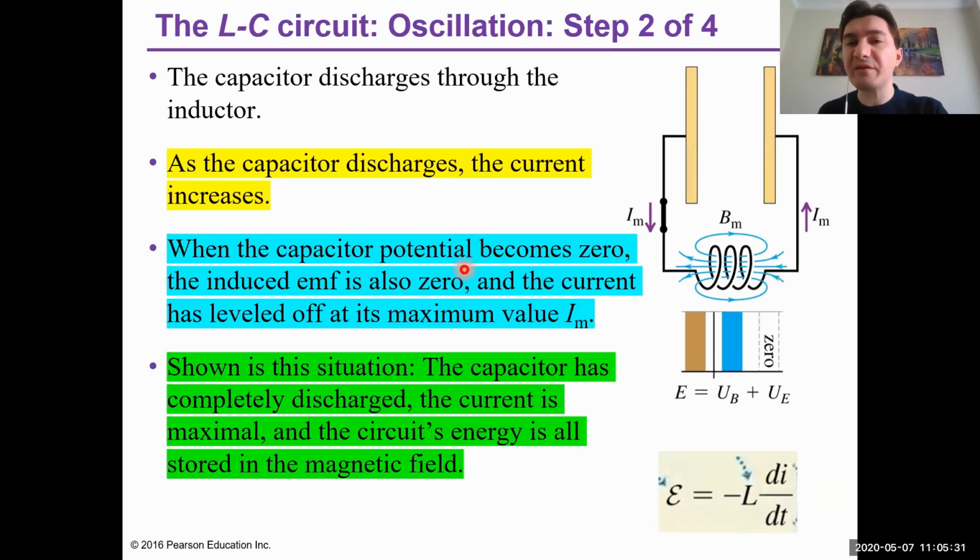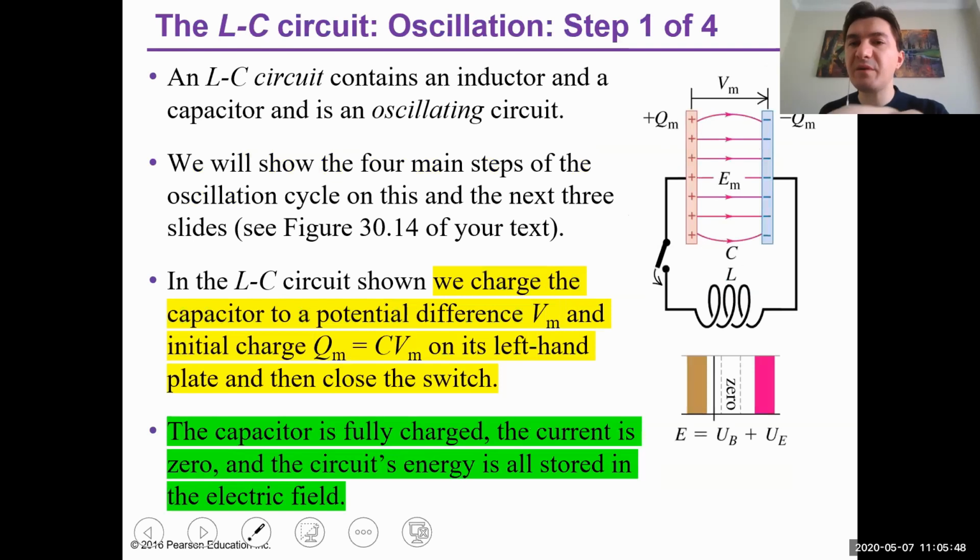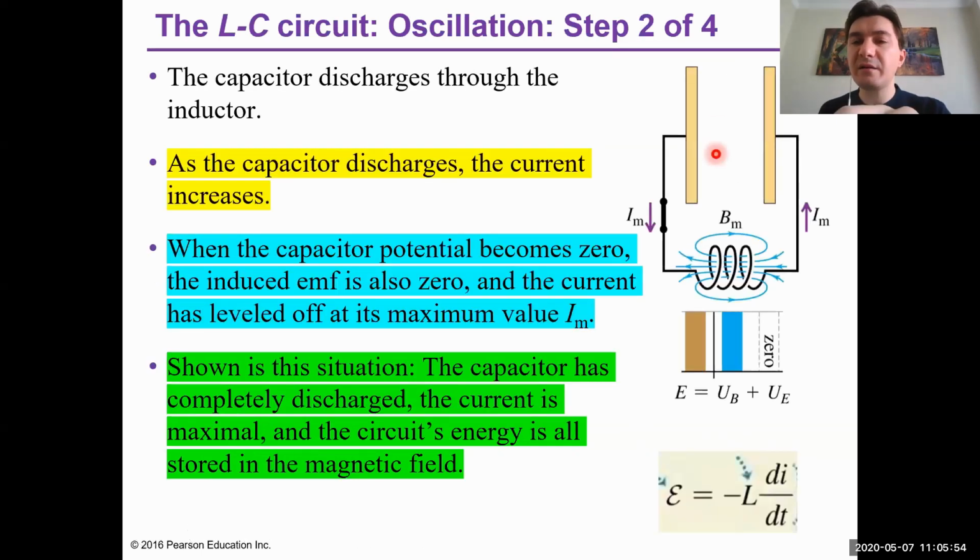But what happens if we reach the maximum current? When we reach the maximum current, di over dt will be zero, and the EMF here will be zero, and the potential difference here will be zero, because at the beginning we have potential difference, since we have positive charges here, negative charges here. But at the end, the total charge here is zero.